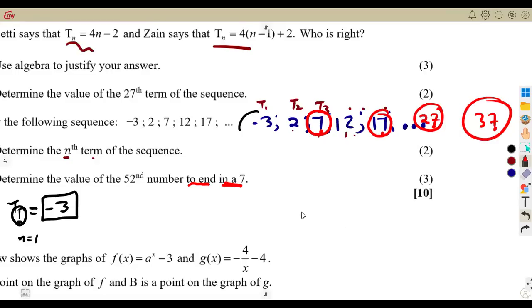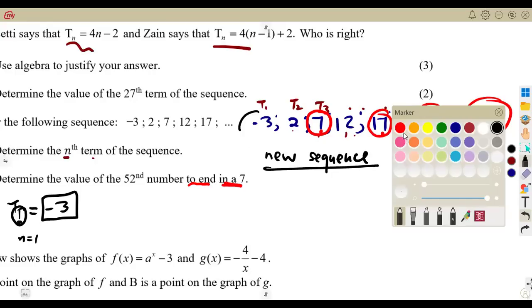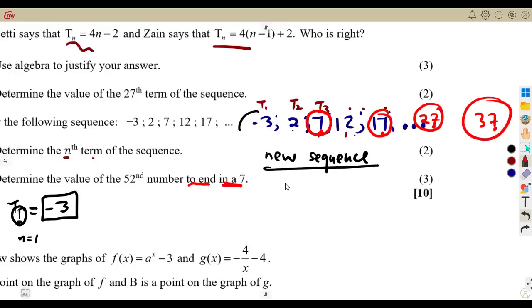The other one ends in a 2, so it's supposed to be 2, 12, 22, 32, and so on. So it's a new sequence that is to be brought about here. We now have a new sequence to consider which ends in a 7, because the numbers are supposed to be 7, 17, 27, 37, and so on. These are the numbers which end in a 7. So the value is the 52nd number that we need.